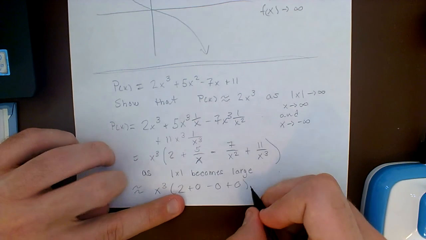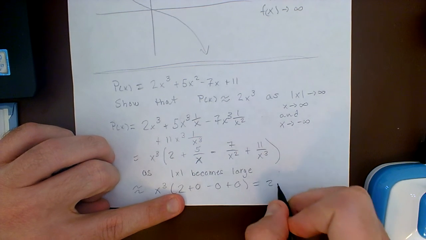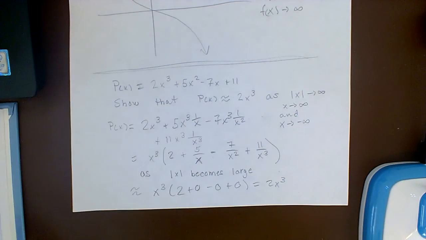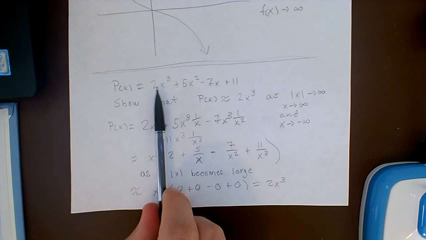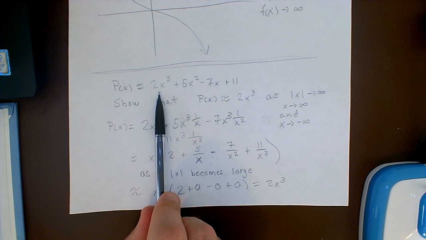Which now, if I distribute this out, equals 2x cubed. So that's how you would show what the function starts to look like after the absolute value of x gets really large, or as x goes to positive infinity and negative infinity. So we notice that that is precisely the leading term.